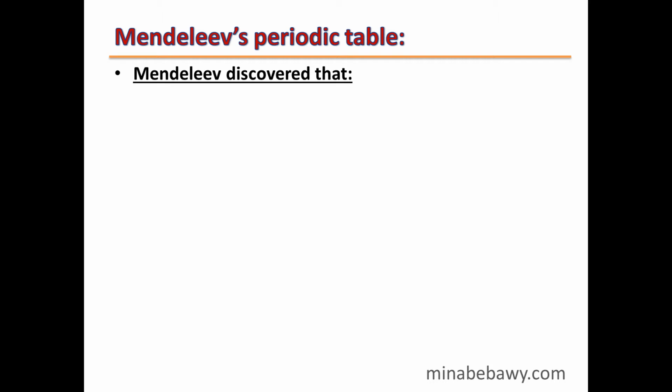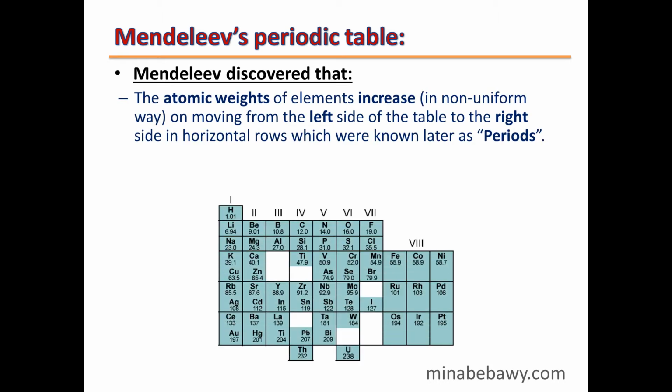After this arrangement, Mendeleev discovered the following. As you can see, Mendeleev discovered that the atomic weights of elements increases, but in a non-uniform way, on moving from the left side of the table to the right side in the horizontal rows, which were known later as periods.